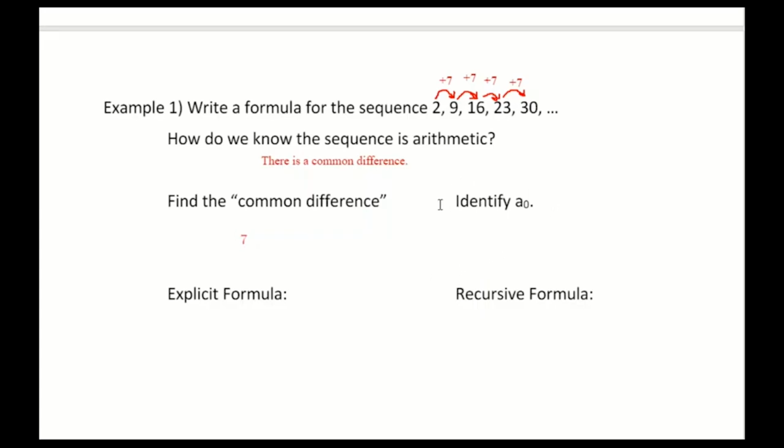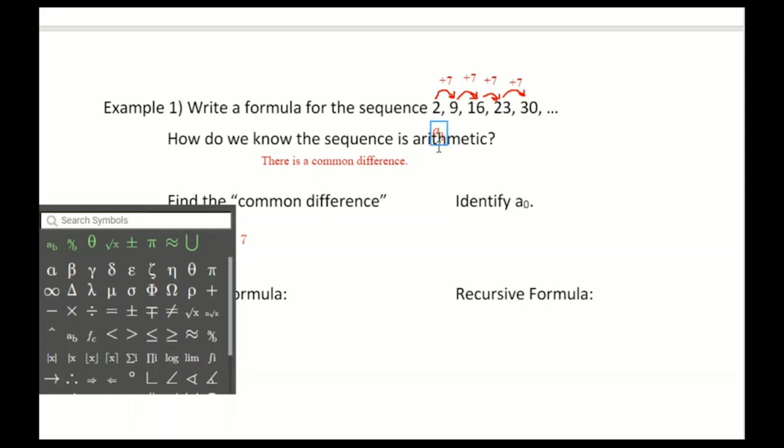Okay, let's identify the a sub 0. So notice, like, this is a sub 1. Okay, so let me actually write that out. So this is a sub 1. Is 2. Okay, a sub 2 is 9.